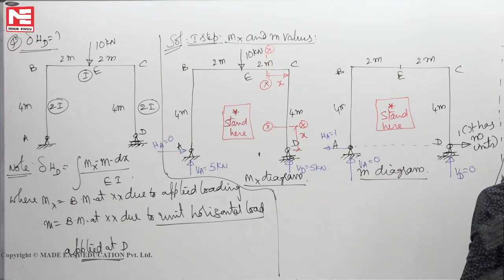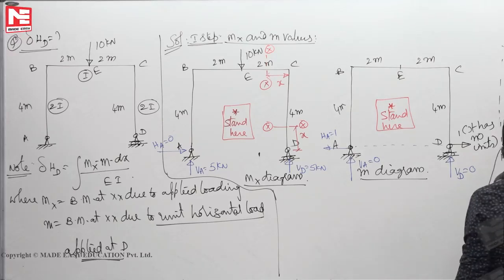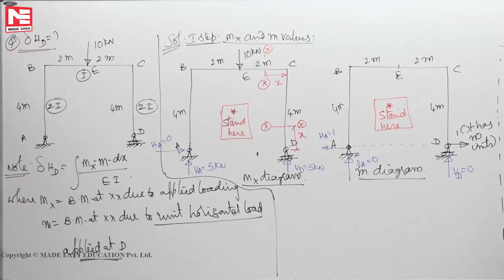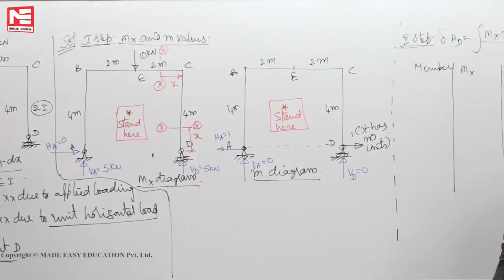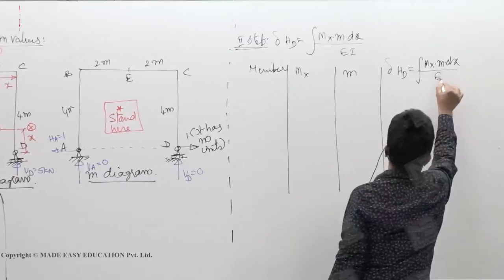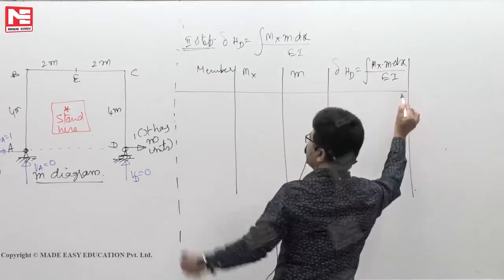The horizontal displacement of D is the integral of mx m dx by EI. Only two members we will write.